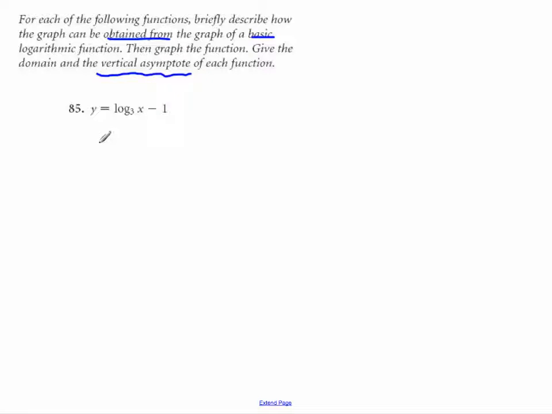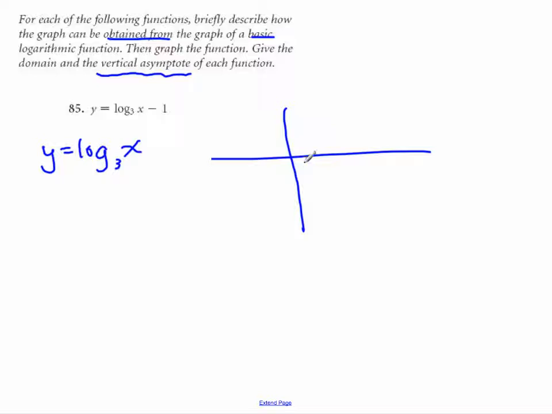Anyway, the graph of a normal y equals log base 3 of x, a logarithmic function, would look sort of like this. It's the inverse of an exponential graph, so it would have to look something like this. Go like this, and then start going like that.